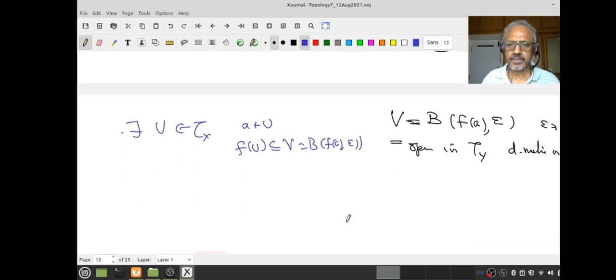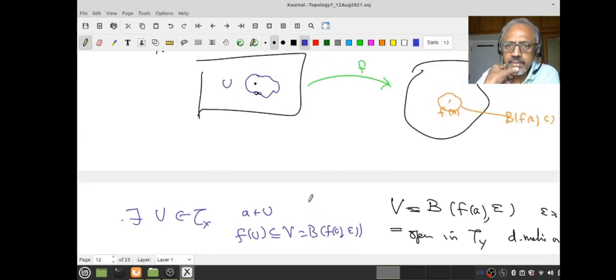Now a belongs to U and U is open in the metric topology. Therefore, what does it mean? Go back, this is my U, therefore there exists a ball B(a, delta).